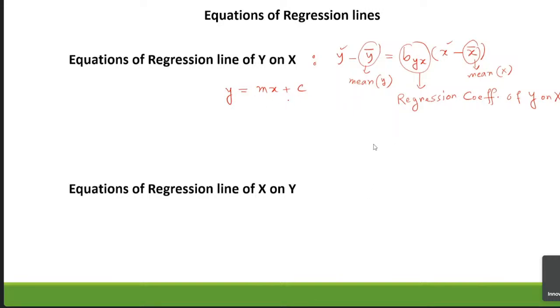Similarly, the regression line of x on y, exactly the opposite, that is x minus x bar is equal to bxy into y minus y bar. Now here x bar and y bar is mean of x and mean of y. I'm not going to repeat it again. bxy is the regression coefficient of x on y. So only this is the difference.